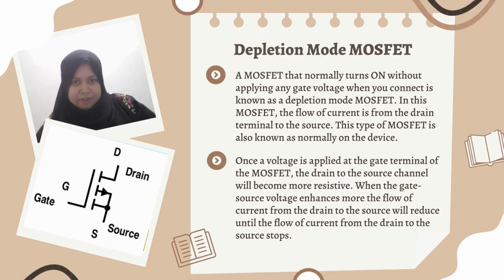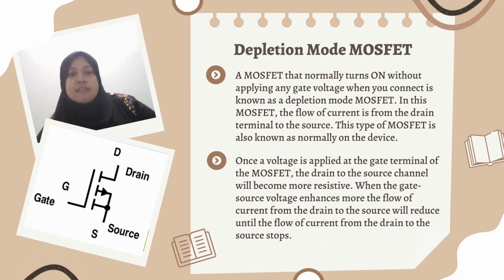Depletion mode of MOSFET. A MOSFET that normally turns on without applying any gate voltage is known as a depletion mode MOSFET. The current flows from the drain terminal to the source. This type of MOSFET is also known as a normally on device.